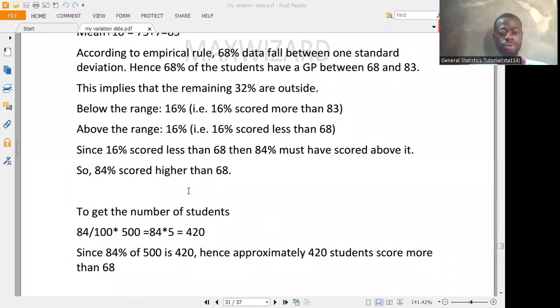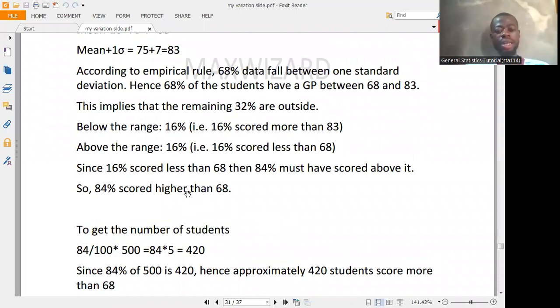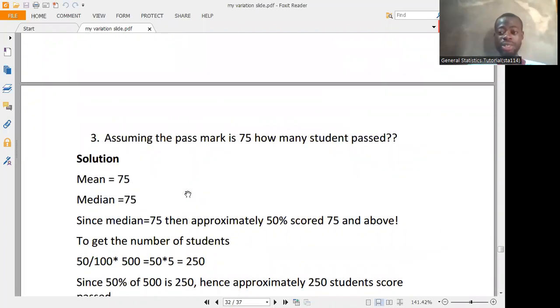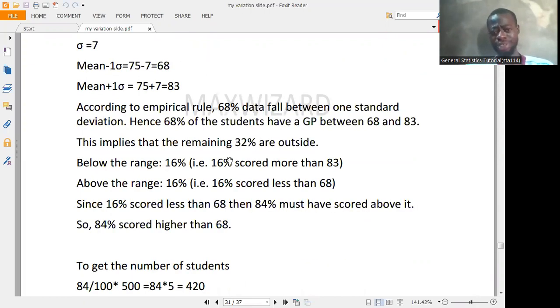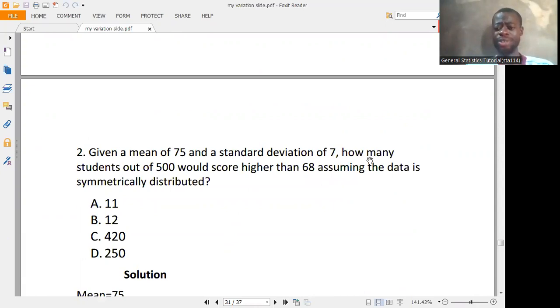Now the question, from the same data we were dealing with the other time, is: assuming the pass mark is 75, how many students pass? This is another very critical question. Remember, the mean is 75 itself, and we are given the standard deviation to be 7.